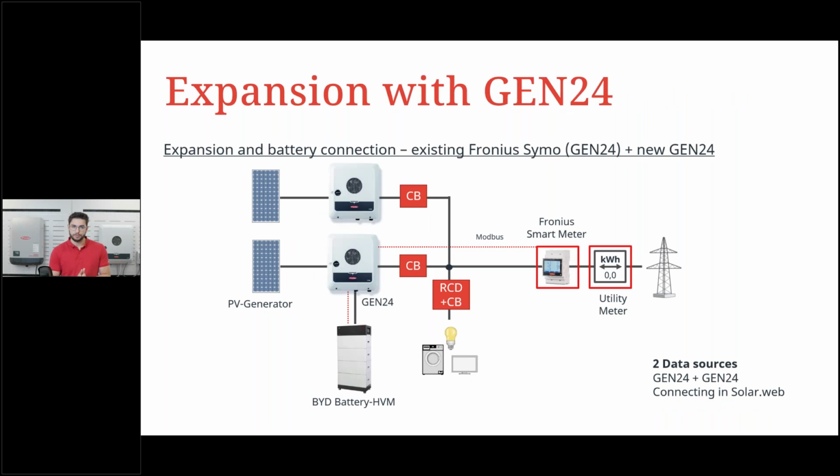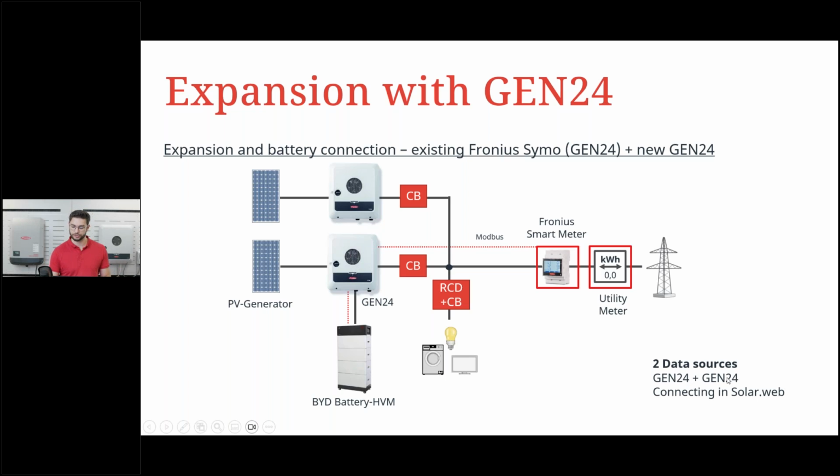Another way would be if you have an existing GEN24 Plus inverter, let's say with a battery already connected to it, and now you want to add another GEN24 product. This is also a possibility, no problem at all. And because the data unit, the Pilot card it is called, is already built in, we can also add the two systems online.